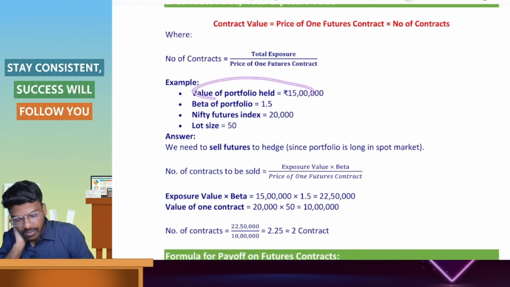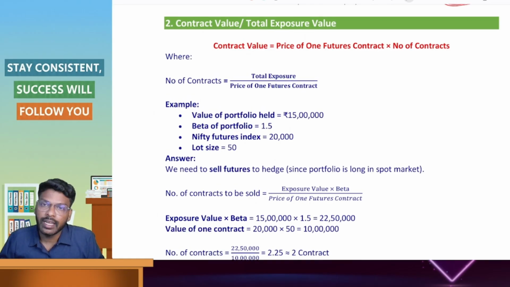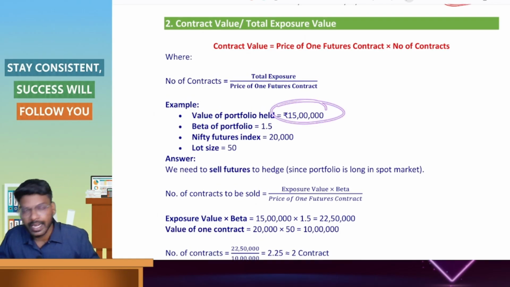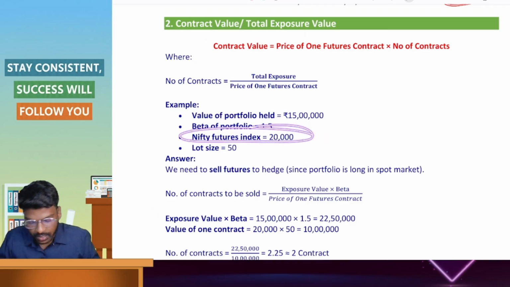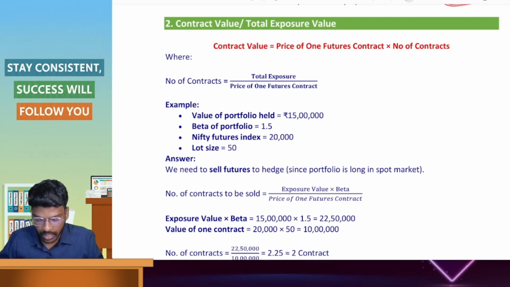Example, value of portfolio: the investor has a portfolio of 15 lakhs, the beta of the portfolio is 1.5, Nifty futures index is at 20,000 rupees, and lot size is 50. The actually trading price of the Nifty index is 20,000, lot size is 50.